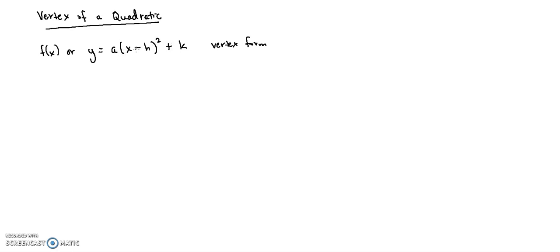So if you remember what we talked about with graphing transformations, the a is the number up front, that's what's multiplying the quadratic. So if a is greater than 1, then it's a stretch in the y direction. If a is less than 1, we compress in the y direction.